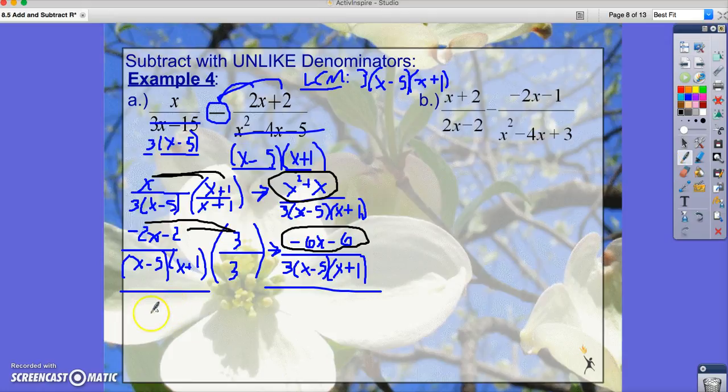I'll do that actually over here. There's no other x squared, so just x squared. x minus 6x is negative 5x. And then negative 6 all over the denominator, which is the LCM.